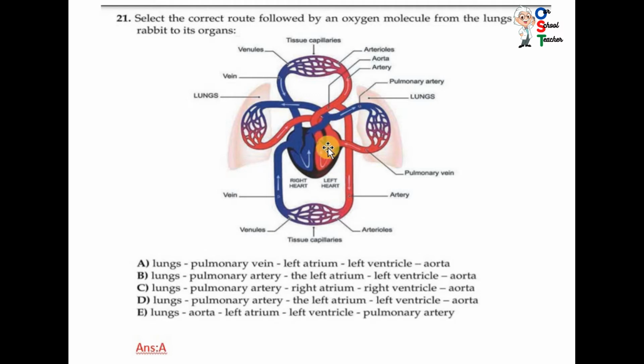Lungs, pulmonary artery: no, the pulmonary artery contains deoxygenated blood, so it is incorrect. All pulmonary artery options are incorrect, so B, C, D are incorrect. E, lungs, aorta: no, the lungs do not directly pour blood into the aorta. From the lungs, blood comes into the heart. So A is correct.